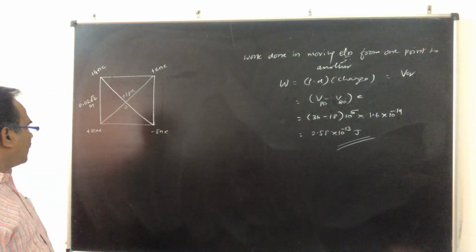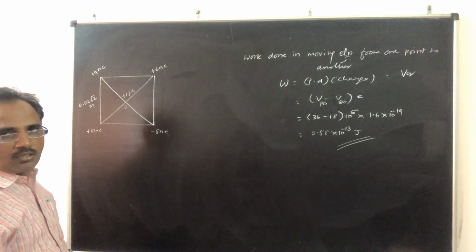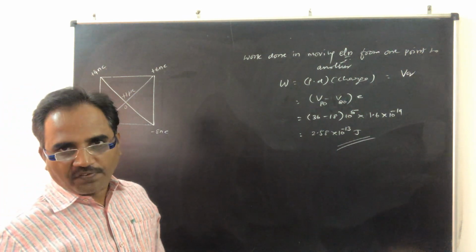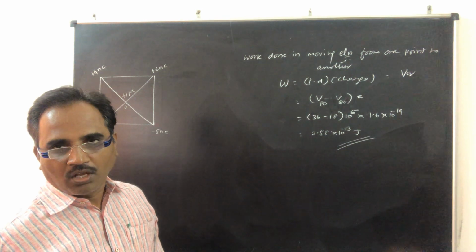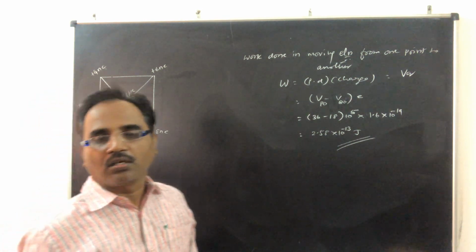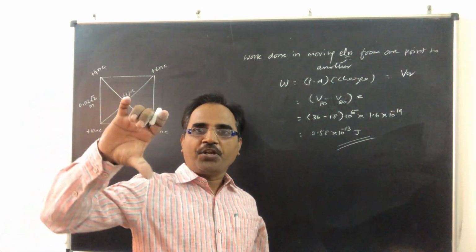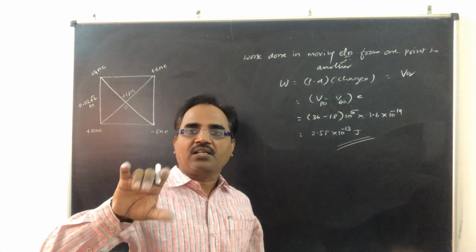See, this problem can be solved in two different ways. One way of doing this is finding potential energy between all pairs of charges and adding them.